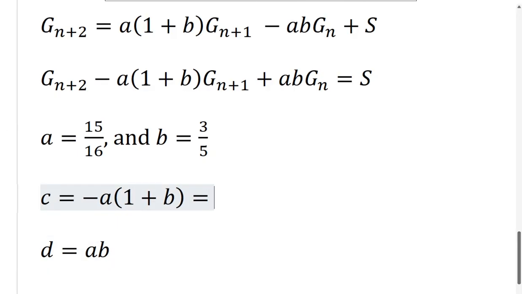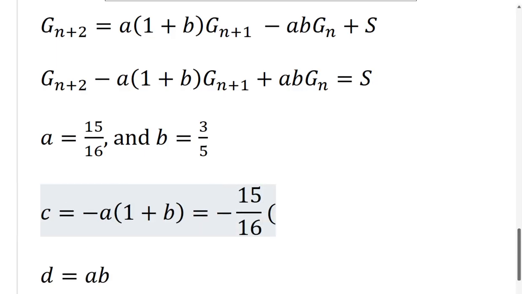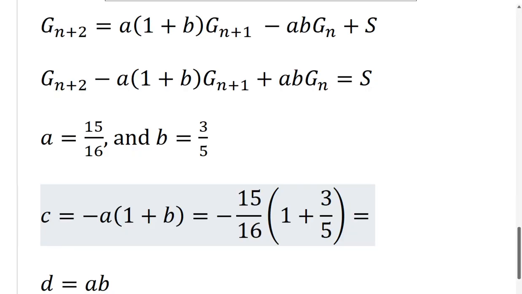So actually we can just work those things out now. That's minus 15/16 times 1 plus 3 over 5. And the calculator should tell us that that is minus, I think it's minus 24 over 16, which is minus 3 over 2.